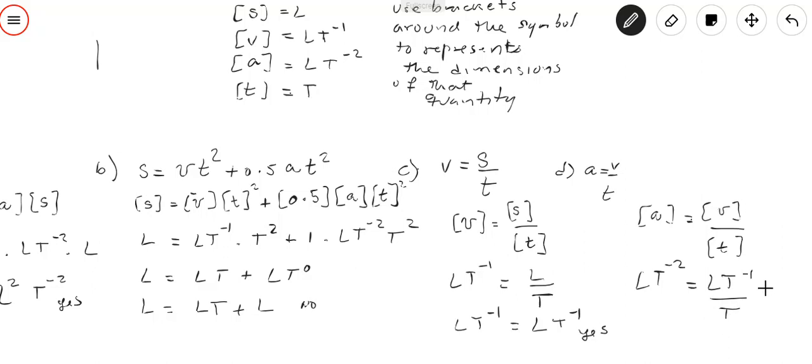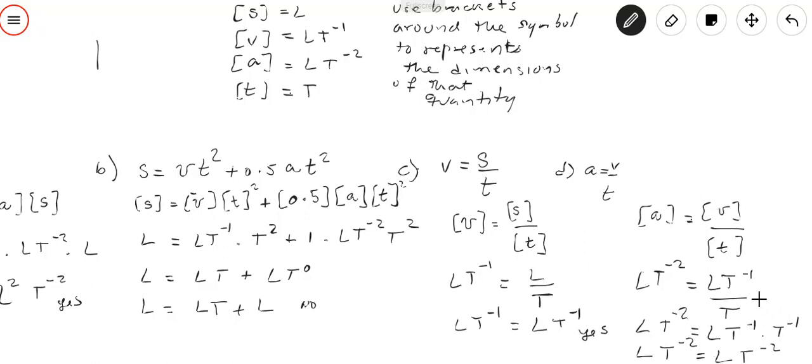So we bring this T up here, reversing the sign of the exponent. So we have L T to the negative 2 equals L T to the negative 1 times T to the negative 1. So L T to the negative 2 is equal to L T to the negative 2, because T to the negative 1 times T to the negative 1, adding the exponents, is T to the negative 2.